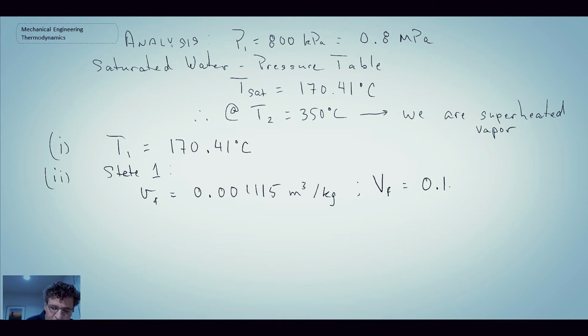It was 0.1 meters cubed. And we know the specific volume of the vapor phase, and we also know the total vapor volume from the problem statement itself, which is 0.9 meters cubed. Therefore, we can determine the mass of the liquid.